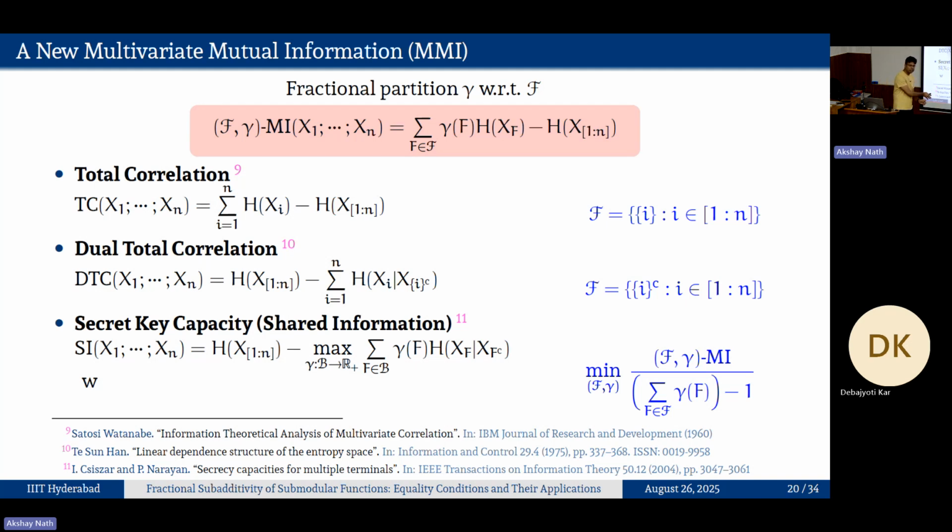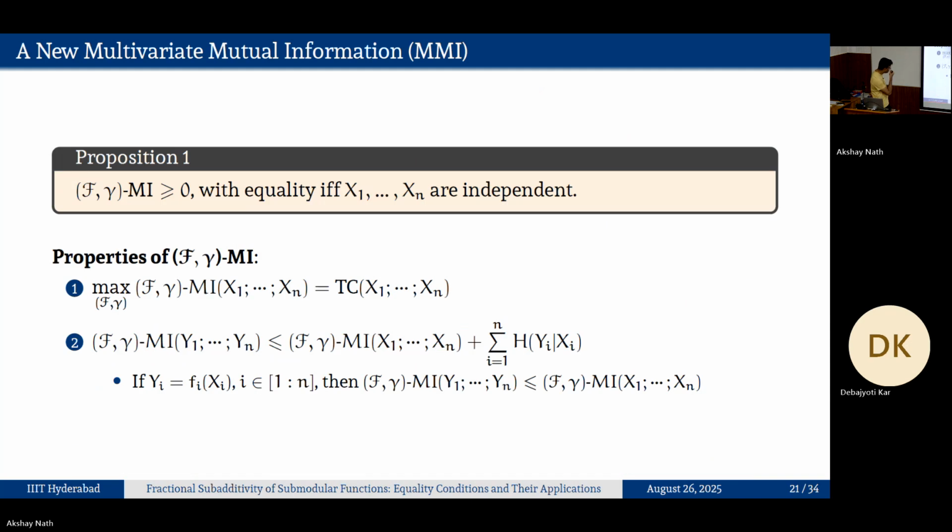It's also at least some quantity, where the at least quantity is given by gamma F, H of XF conditioned on XFc. That is in the paper, but I'm just going for the presentation. Then you can also characterize the same thing. Even if you have two sets of random variables, you can actually characterize these.